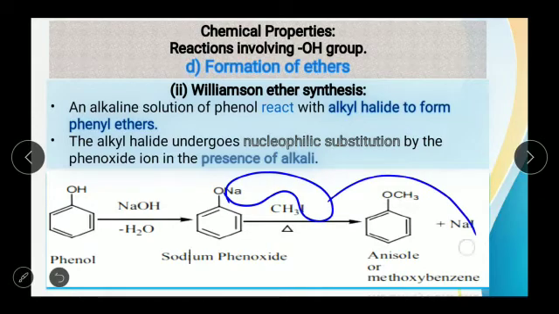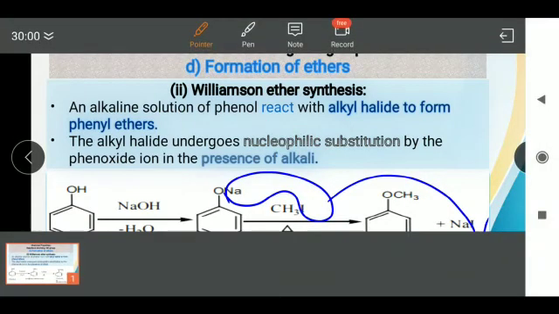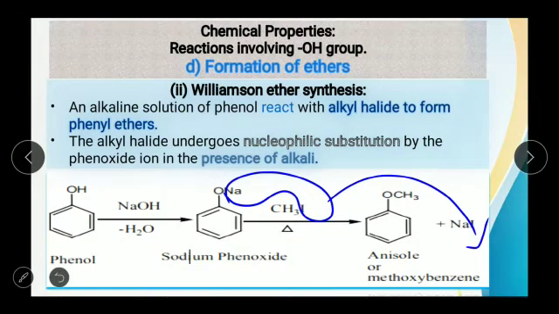Here we are taking methyl iodide CH3I. In this reaction, Na and I become NaI, then CH3 replaces Na. So we are getting anisole. It is ether. ROR is the common formula for ether. The special name of this compound is anisole. IUPAC name is methoxybenzene.